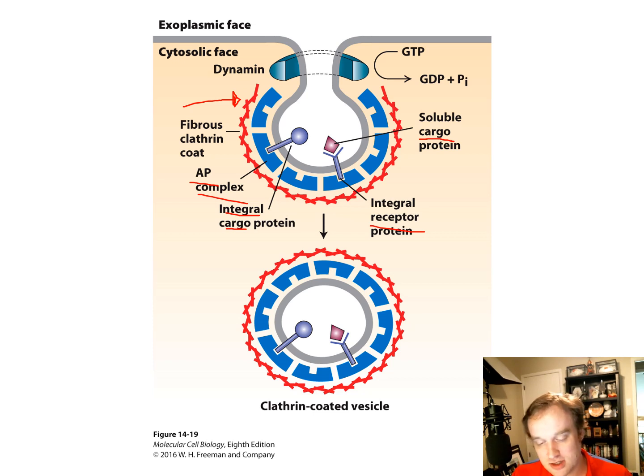What's interesting though with these clathrin coated vesicles is that there is a protein called dynamin, which is required for pinching off these vesicles. And it polymerizes around the neck of the vesicle, as you can see here, and it hydrolyzes GTP to GDP and causes a conformational change, which is coupled with that membrane fusion, and it releases the vesicle from the donor membrane. And this is something that's specific to this type of vesicle.